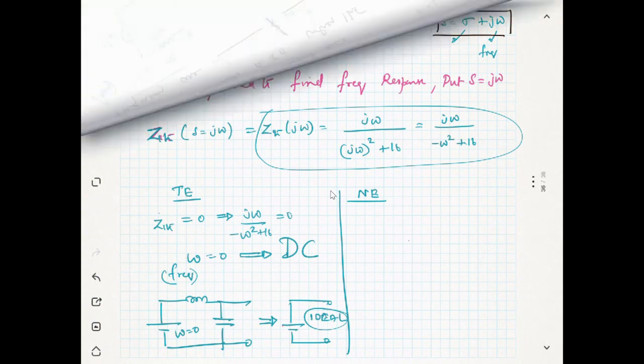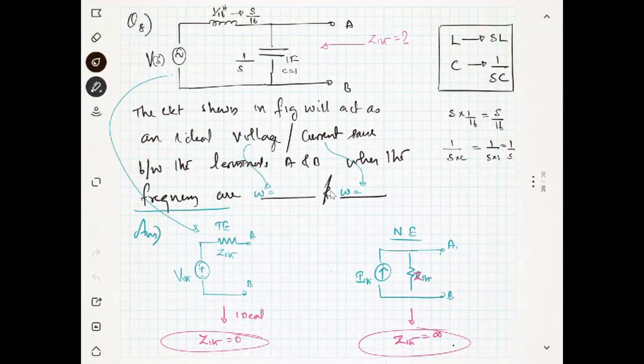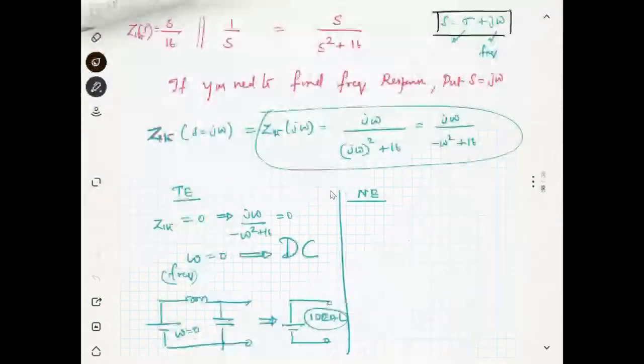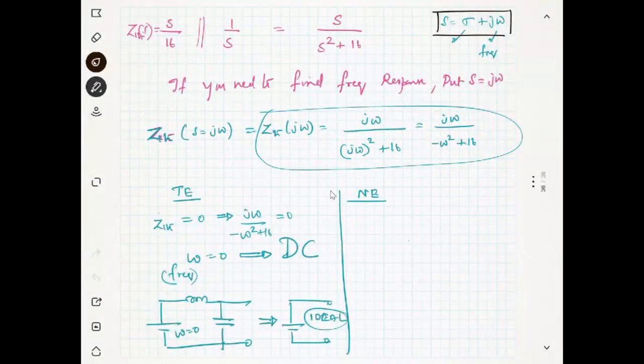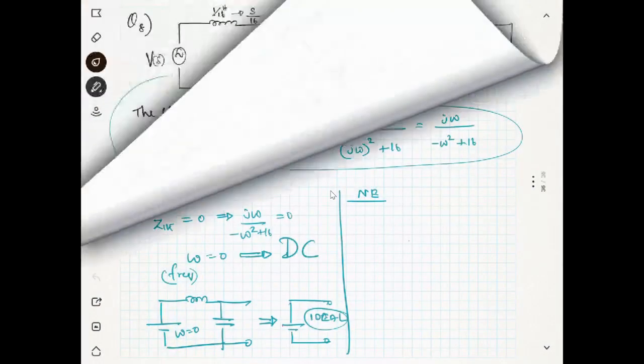Now you see here, Z Thevenin equal to infinity means there is not an equivalent. What will it be? Open circuit.